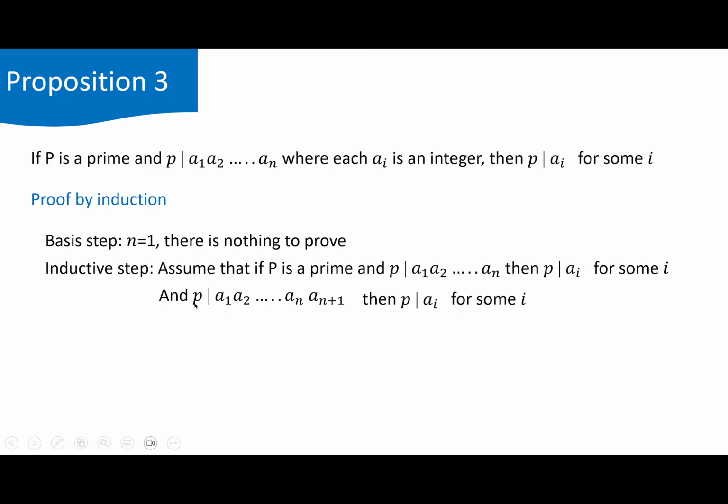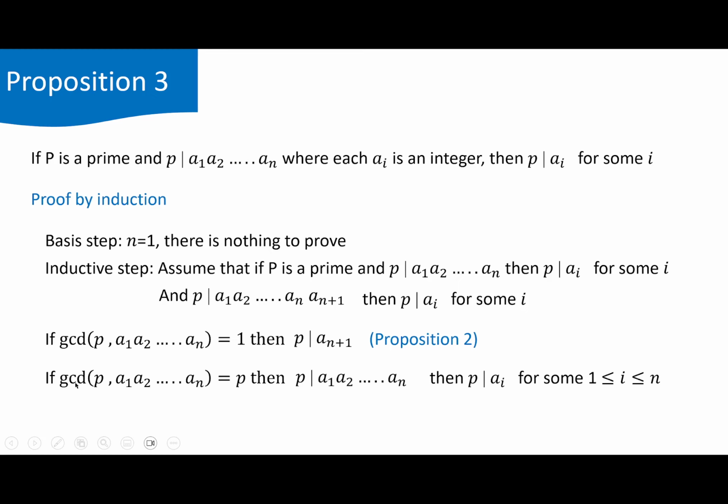And let's assume that p divides this product. Now I added one term here, then I need to prove p divides ai for some i. Okay? Two cases. If the GCD of p and a(n+1) is 1, then by proposition 2, p divides a(n+1).